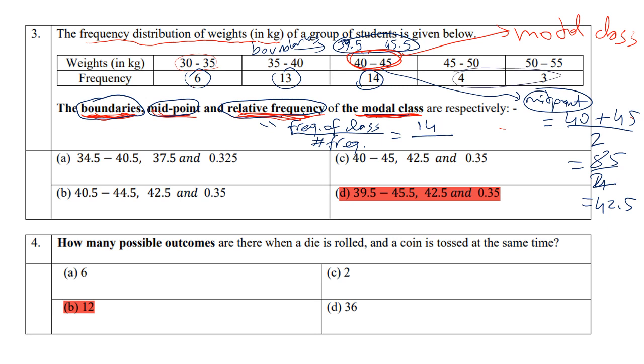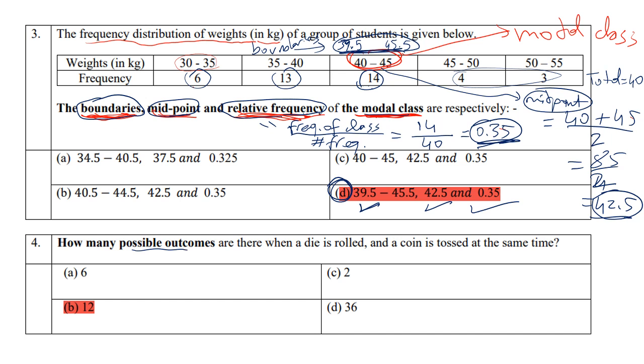With this 7, the total is 40. So if you do this calculation, you will end up with 0.35. So altogether, the choice D has these numbers here. So the answer is D.